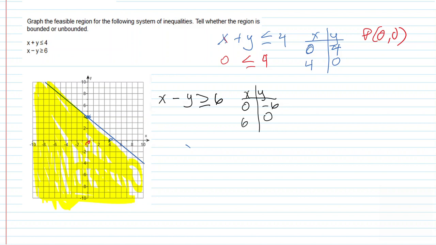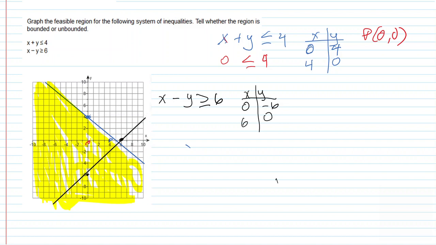So I'm going at 6, 0, and 0, -6. Now I'm going to draw my line, going through the 2 points as best I can. And I like that. Okay.